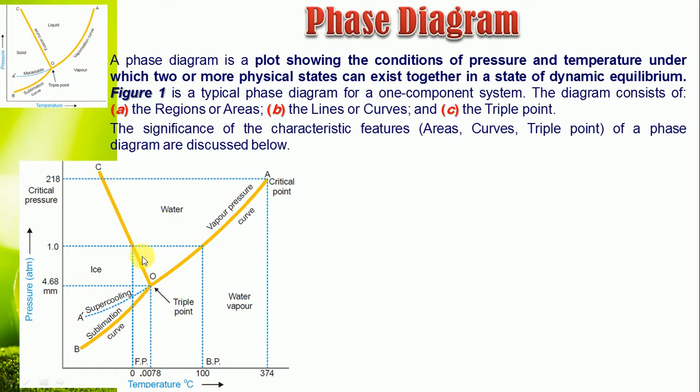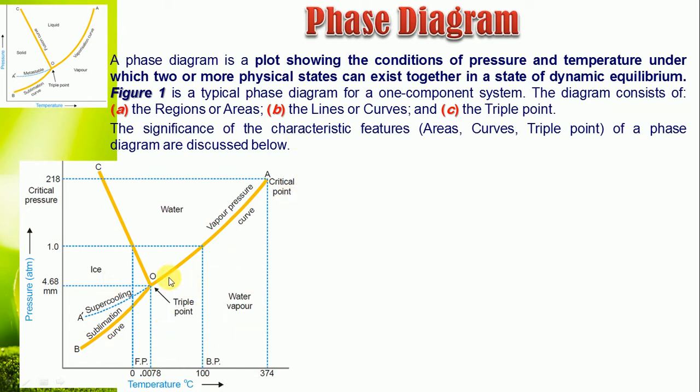In a similar manner, COB is another region, and AOB is another region. So in this diagram, we can find that it has three regions: AOC, COB, and AOB.